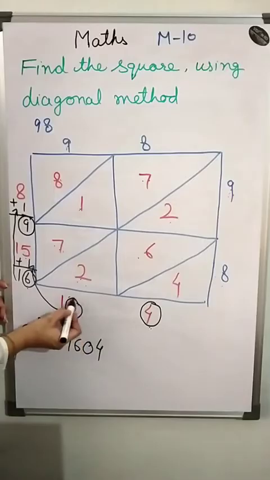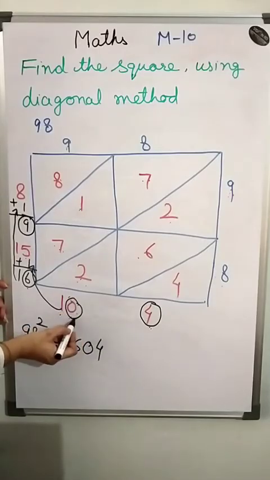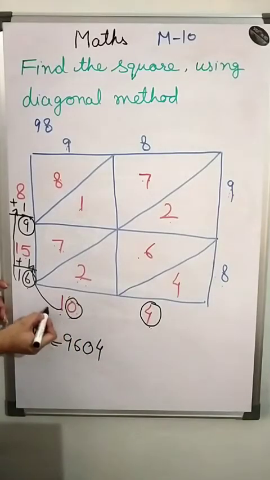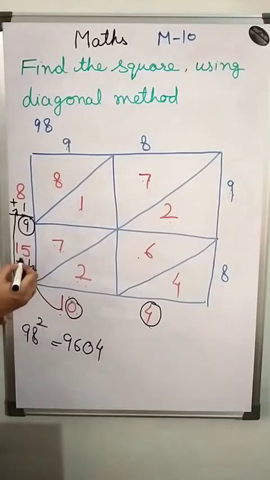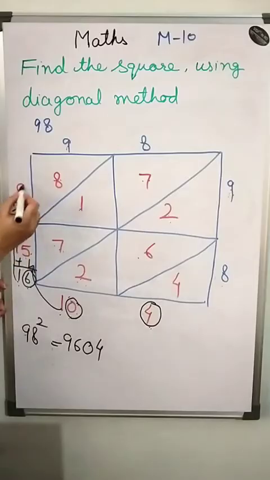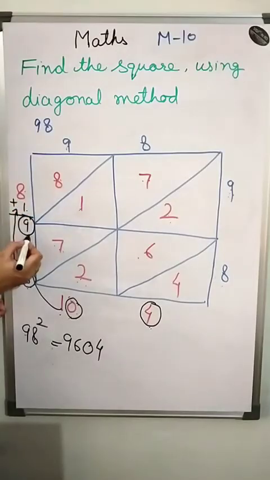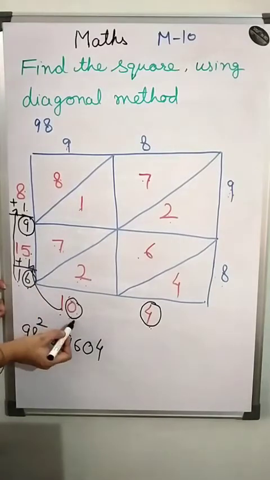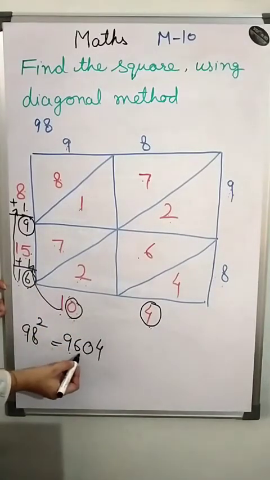Circle the unit digit number, and the tens digit number goes to the other one and is added to 15. 15 plus 1 is 16. Circle 6 because it is the unit digit and 1 is the tens digit. It goes to the other number. So 8 plus 1 is equal to 9. Write all the numbers: 9, 6, 0, 4. We write only the unit digit number. Right, everyone?